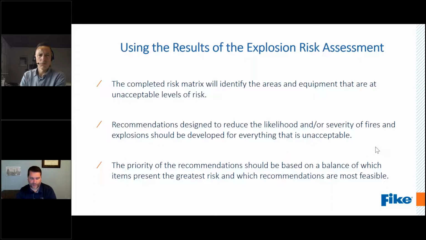Once we have this explosion risk assessment completed, you've got a risk matrix that should be identifying areas and equipment that are at unacceptable levels of risk. Now you need to come up with recommendations to reduce that likelihood or that severity for everything that's unacceptable. In some cases, there may be multiple options.